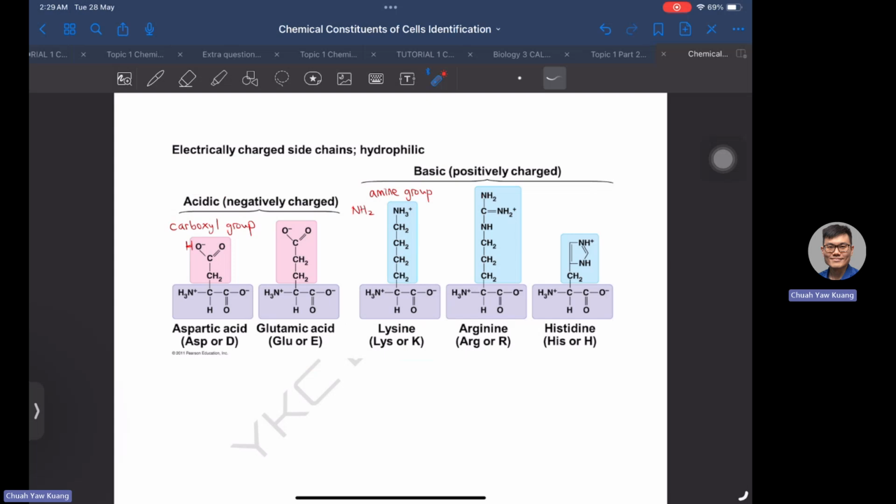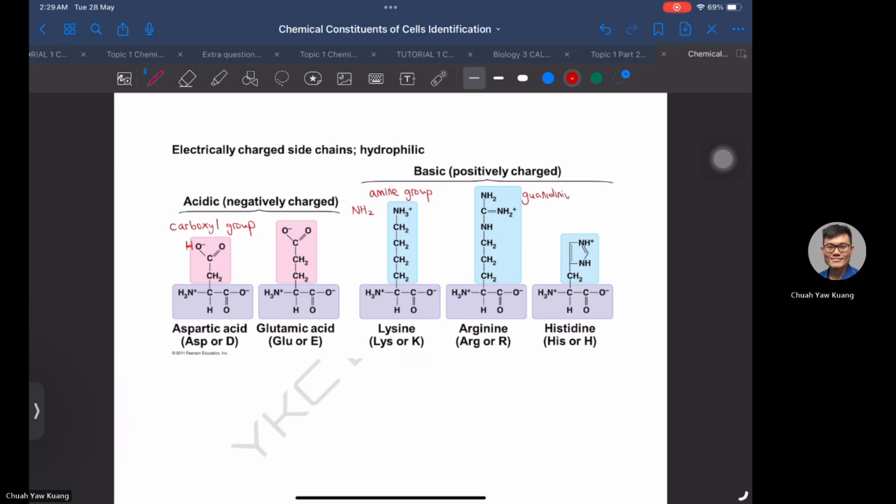For arginine and histidine, it is more complicated. The functional group in arginine is actually the guanidinium group.